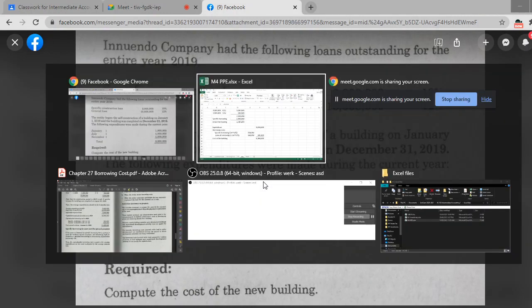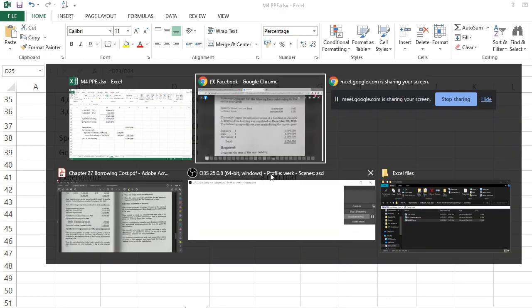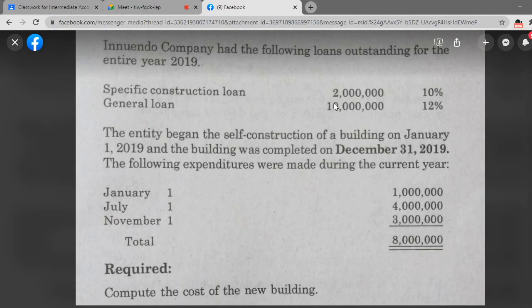Ma'am, dili na hilabta ng general loan na 10 million ba to? Ay, what do you mean by hilabdan? Wala tayong gagawin kay 10 million. Okay. Ang ibig sabihin lang nito, of the 10 million na inutang natin, 1.5 dyan nagamit for the construction of the building.